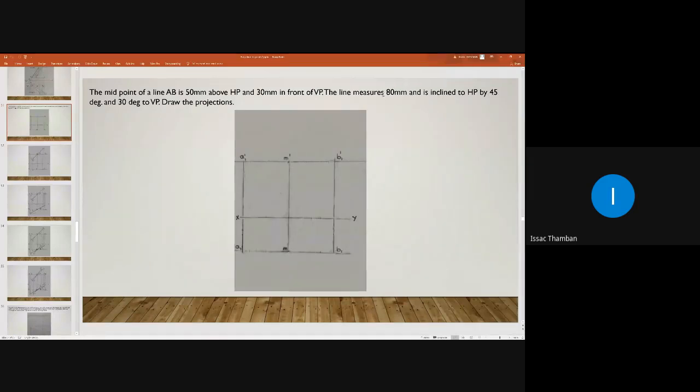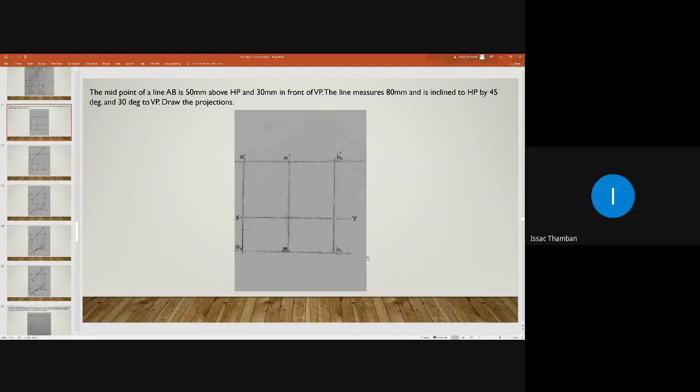Take 40 mm. So what is 40? Why is it 40 mm? 80 divided by 2, because M is the midpoint. Take 40 mm in your compass and intersect here and here, so that you will get A1 dash and B1 dash. The same thing can be repeated here with M as center, intersect here and here, so that you will get A1 and B1.